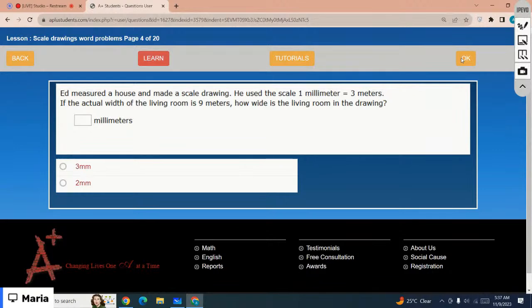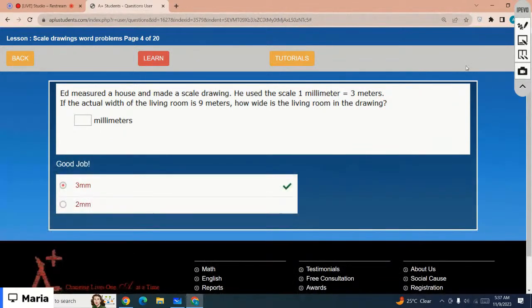So, the correct option is 3 millimeters. Very good. Option number 1 is the correct option.